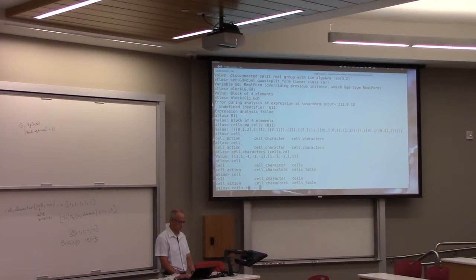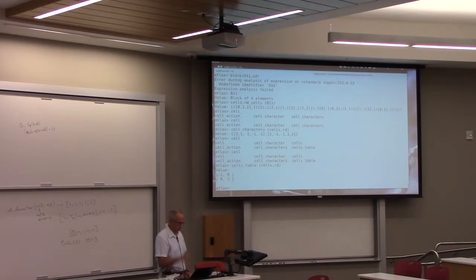Cells table. Cells table of, I'm drawing a blank, cells, RD. Okay, so here there are two cells, and these are their characters, and that's the sign representation.